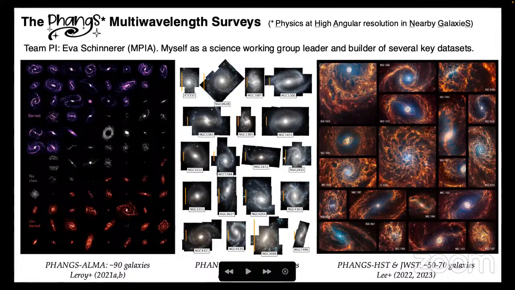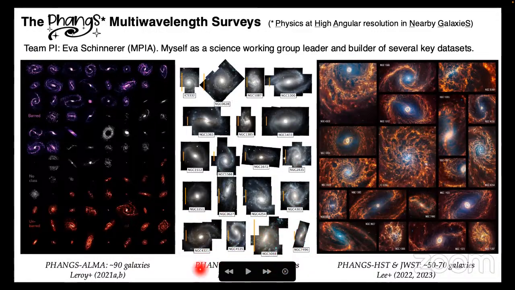Just to give you a quick highlight, the FANGS multi-wavelength surveys have three key pillars. One is the FANGS ALMA survey, which targets 90 nearby galaxies with ALMA, looking at the CO transition line to look at the molecular gas distribution down to individual molecular cloud scales. In the middle, we have FANGS MUSE, which is a little bit hidden here.